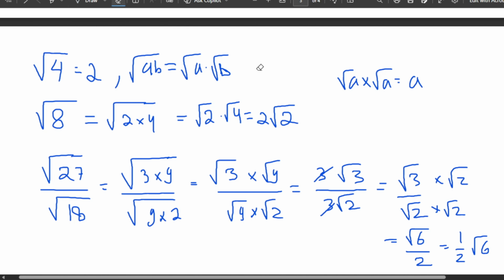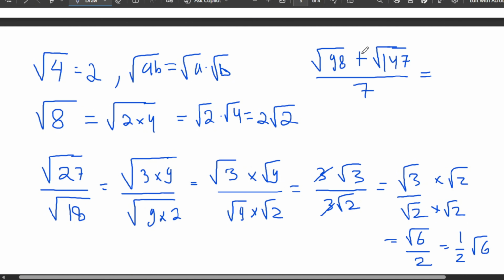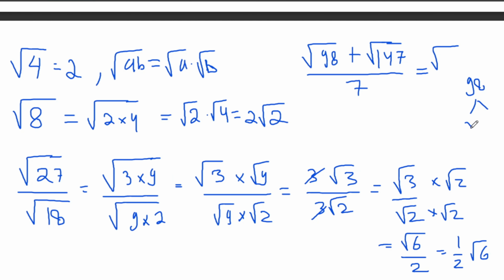Another example, a final example would be, let's say, if we have, okay, in the numerator, what times what equals 98? So 98, if we make the factor tree, that would be 2 times 49, and 49 is 7 times 7.